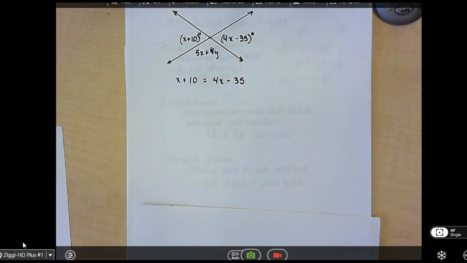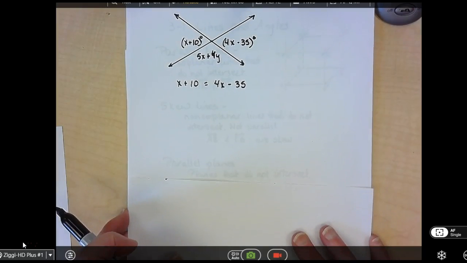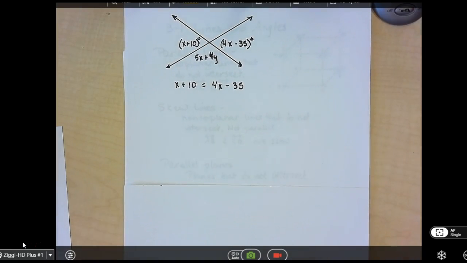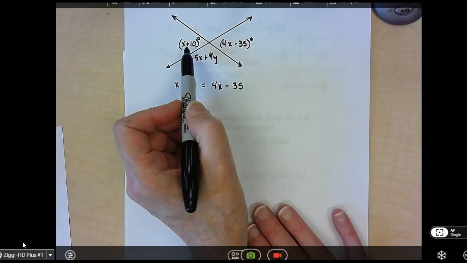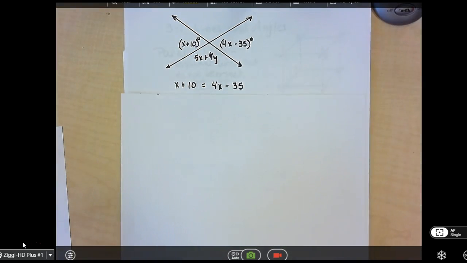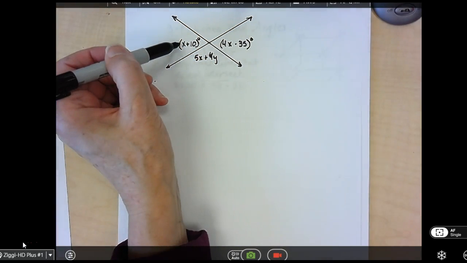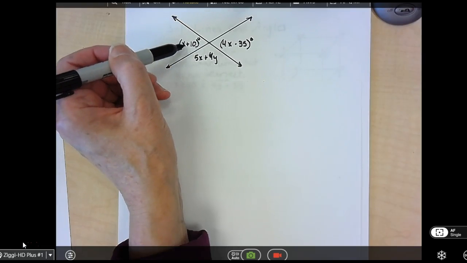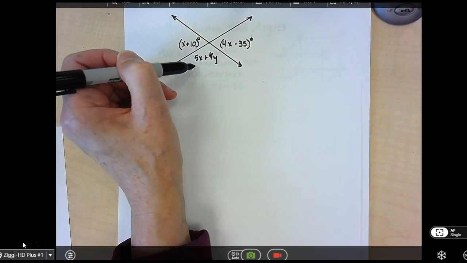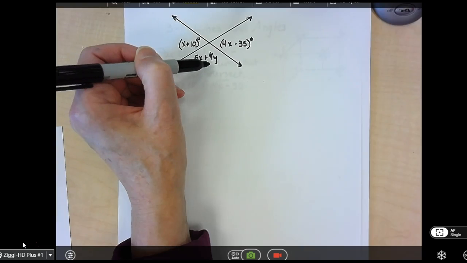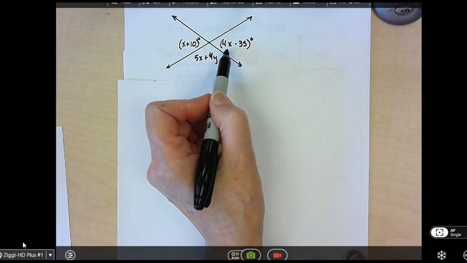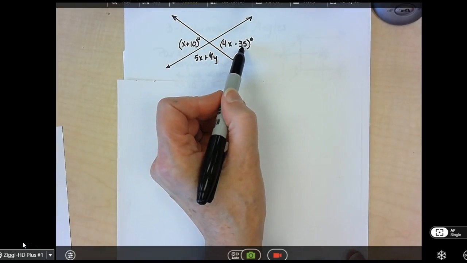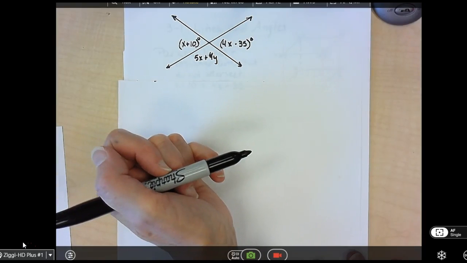So then we have a second problem. On this problem, it doesn't say you have to justify each step. But if I look here, I'm given angle x. This angle here has a measure of x plus 10. This angle is 5x plus 4y. And this angle has a measure of 4x minus 35 degrees.